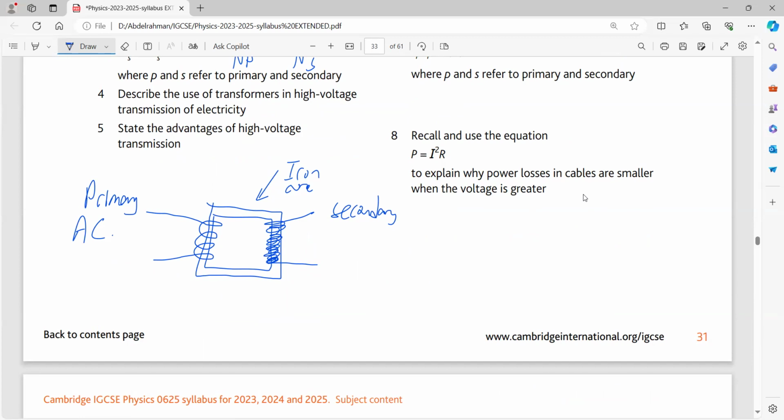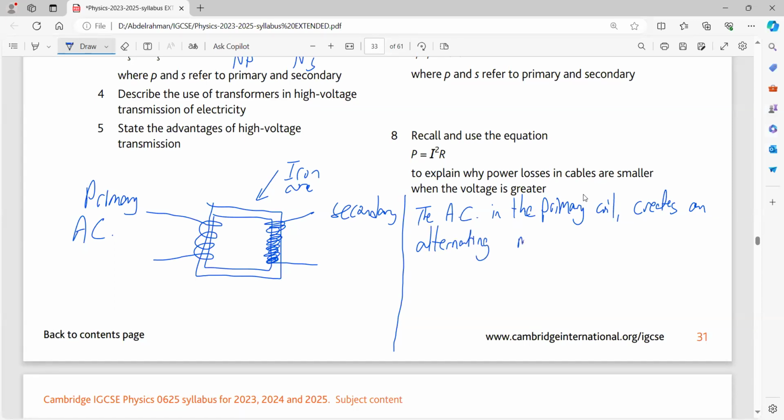Why so? The alternating current in the primary coil creates an alternating magnetic field, which keeps on cutting, and this is a very important key word in this question, which cuts what?